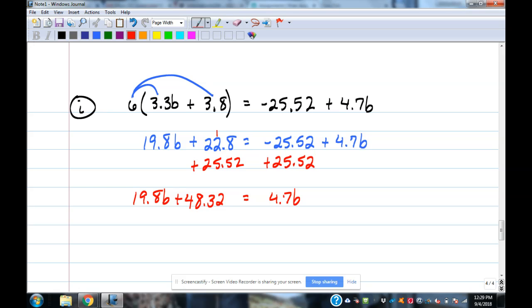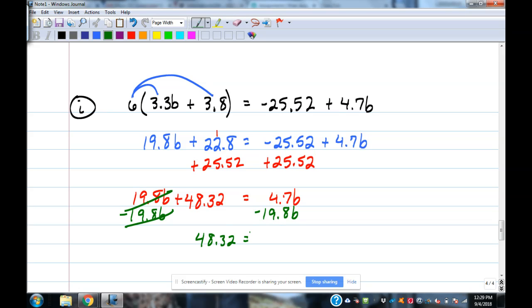And because I did that, what do I have to move next? The 19.8, because I need to get the b's over here with this b. There's the 48.32.